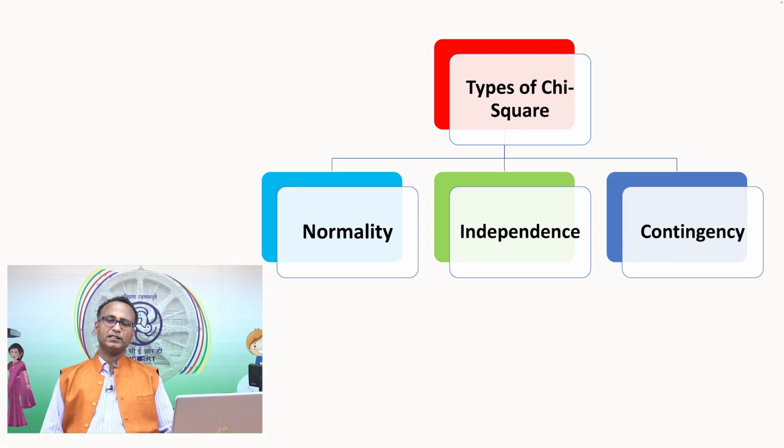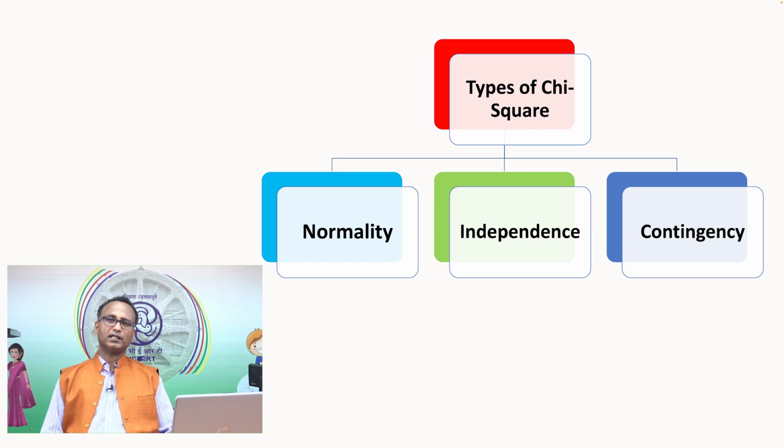And you make an association between the observed data, what you observed, and what the normality talks about, what the independence talks about, what the contingency talks about. In other words, chi-square has three different types: chi-square test of normality, chi-square test of independence, and chi-square test of contingency.